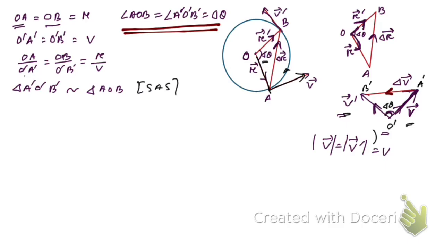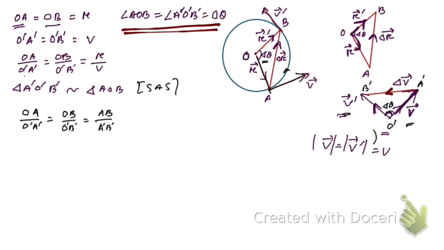If these are similar, then all three pairs of sides of these two triangles must be in proportion. That means we will get OA by O dash A dash is equal to OB by O dash B dash is equal to AB by A dash B dash. That's what we're gonna have, right?